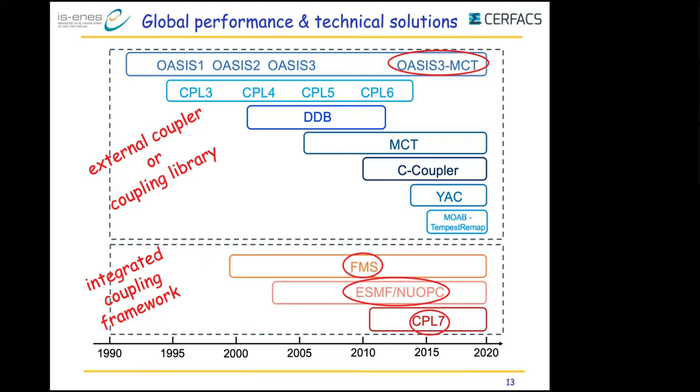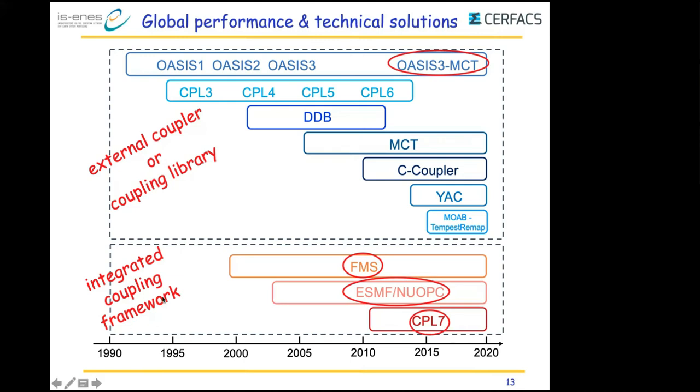Then I presented, I think that we can split the different coupling software that exist into two main categories, as I said, the integrated and the external. Those are two ways of assembling a coupled system for which the philosophy is very different.